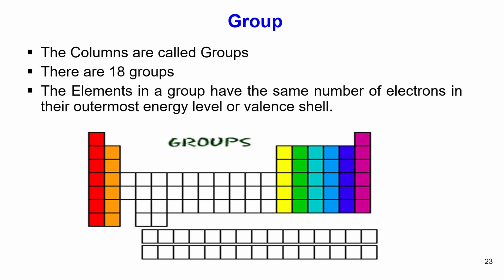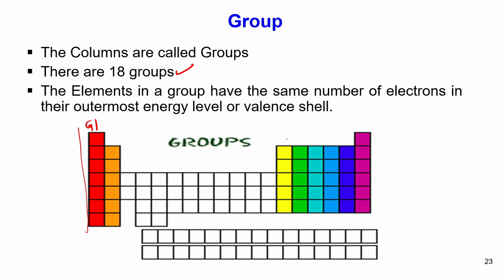And last one, we have the vertical column. The vertical column is called a group. Vertical refers to from top to bottom. So we have 18 groups. This group number is equivalent to the number of electrons in their valence shell, or the largest principal quantum number. So group 1 means the valence electron, or the largest principal quantum number, has 1 electron.